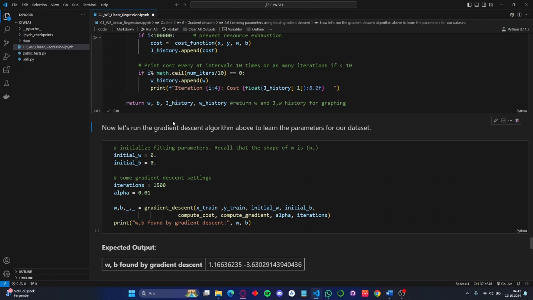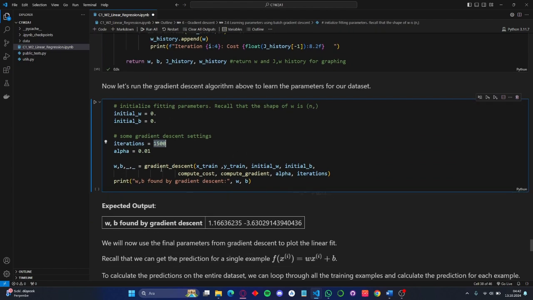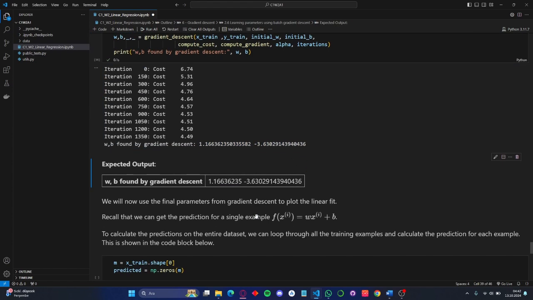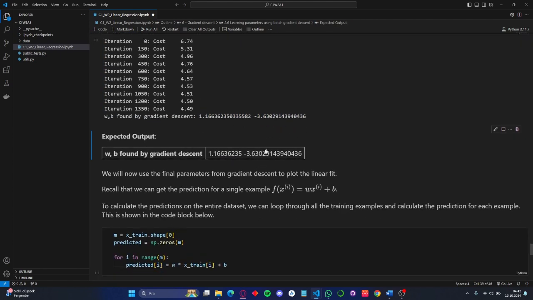Now we try these iteration numbers, and our learning rate is this, and I am running this cell. Our cost decreases over time, and our parameters w and b found by gradient descent are these numbers, so it's the same as the expected output.